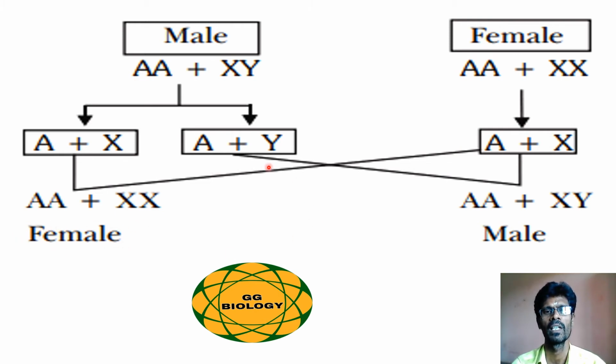Whereas the second type of sperm, A plus Y, combines with the egg A plus X, giving rise to autosomes plus the X chromosome from the mother and the Y chromosome from the father, so the offspring will be male.